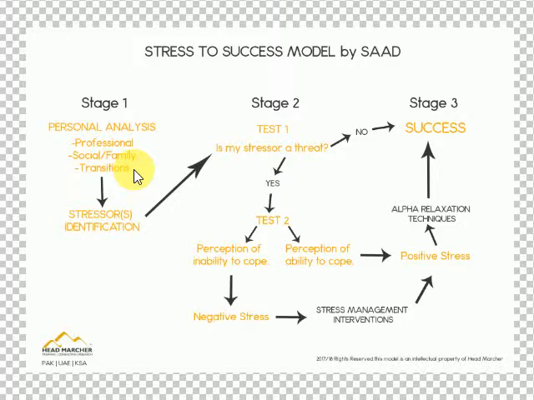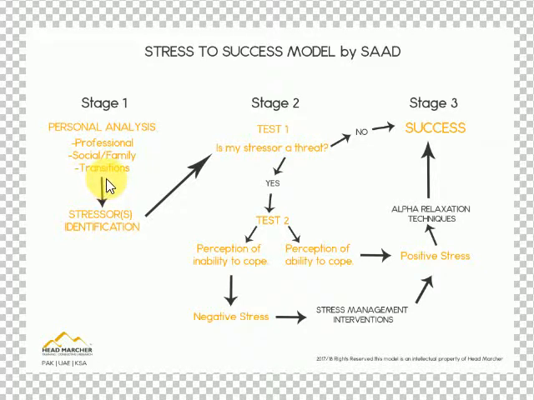Now, once you identify the major source of your daily stress or prolonged stress, you'll be able to identify and understand what the stressors are. For instance, if your stressor is coming from your professional life, it could be, for example, your boss not really giving you enough opportunities, or putting a lot of load on you, or the language that he's using is really bothering you.